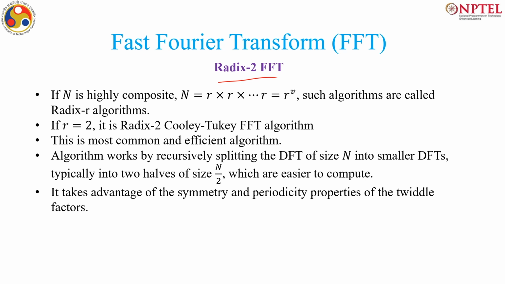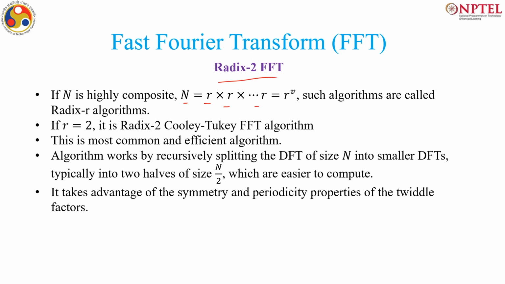So, what is this? Suppose N is highly composite and made up of a lot of factors of R, such that it is R to the power V. Then such algorithms are called Radix-R algorithms, and if R is 2, it is called the Radix-2 algorithm.